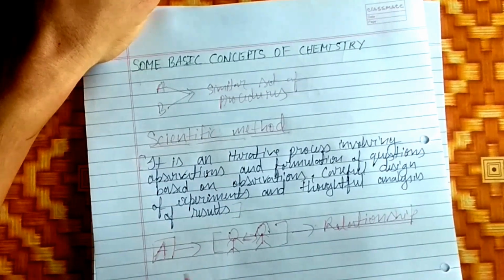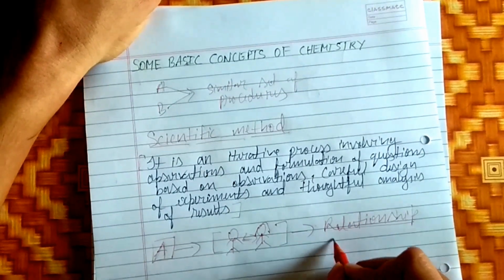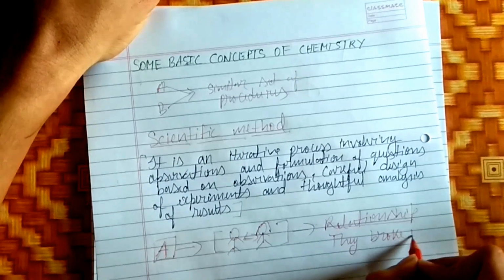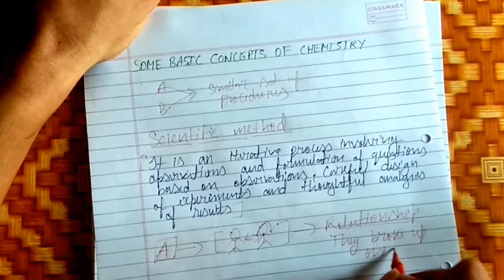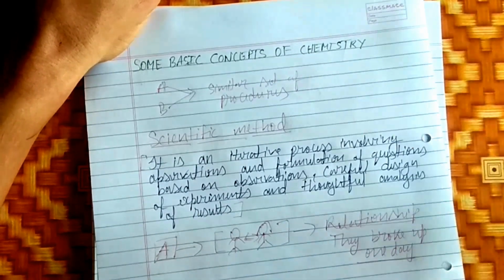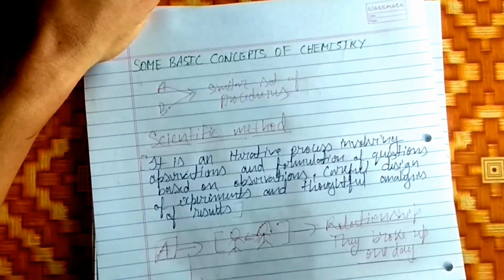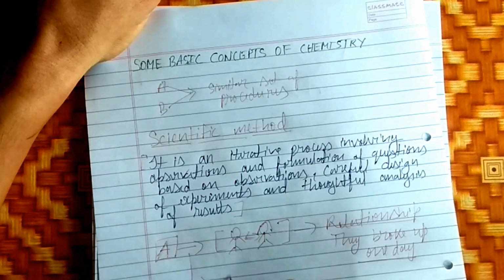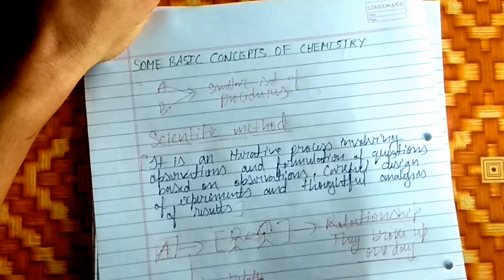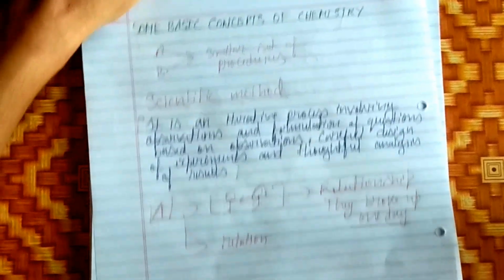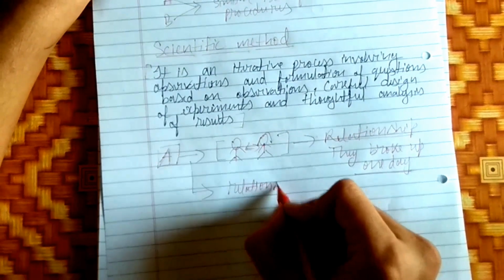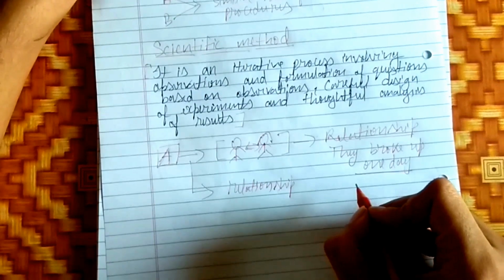This person A observed that after some time they broke up one day. After that this person observed a few more couples. They came into a relationship and one day they broke up.